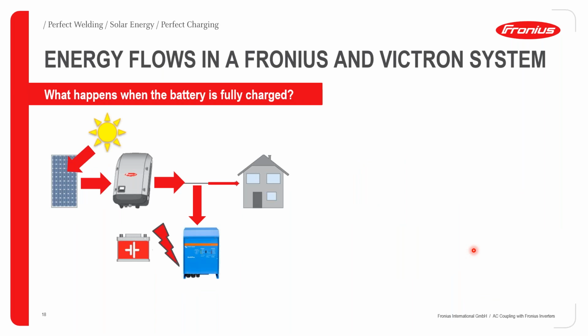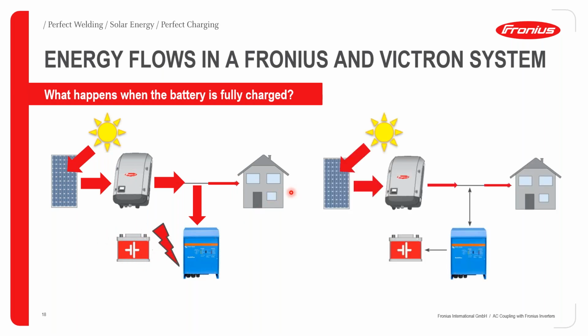But we also have to ask ourselves a very important question: what happens when the batteries are fully charged? We can see in this case that the PV array is generating a lot of power, and a lot of this is being converted to AC directly by the Fronius inverter. And in this situation, the load is not consuming a lot of power, and therefore, looking at the battery, we are at a near full state of charge, and therefore something should happen.